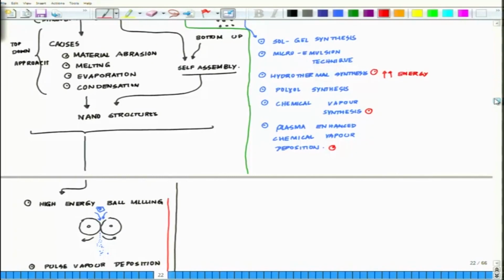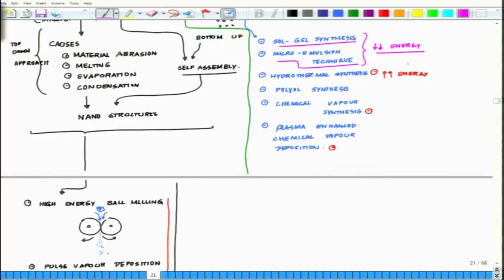On the contrary, when we look at these two techniques, sol-gel synthesis and microemulsion technique, in comparison these are comparatively low energy intensive processes.